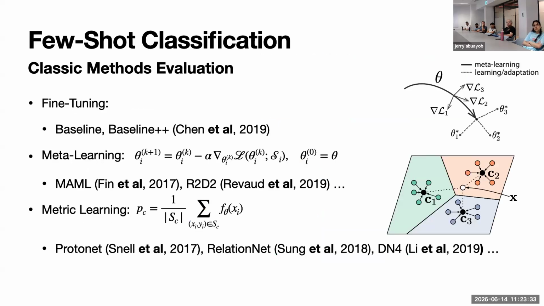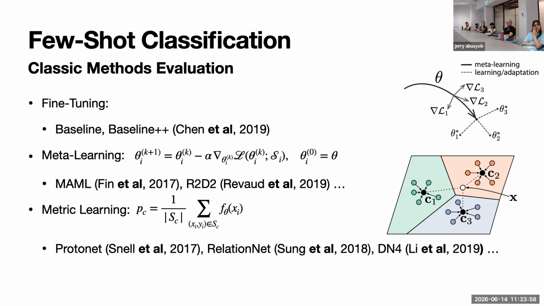So few-shot classification, classic few-shot classification, can be split into three main families. The classical way is to take each classification task and learn a new classifier in each task.